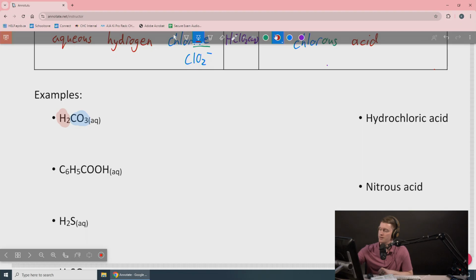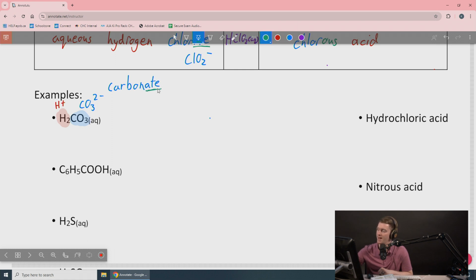So I'm just going to break it down into its 2 ions. We've got H+, and we have CO3 2-. Then I'm going to figure out what's the name of my anion. If I look at my table of polyatomic ions, this is carbonate.